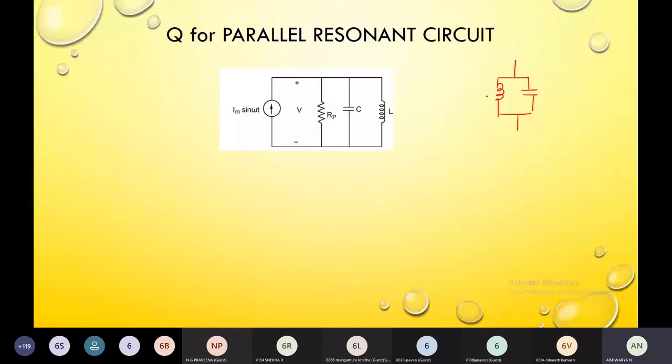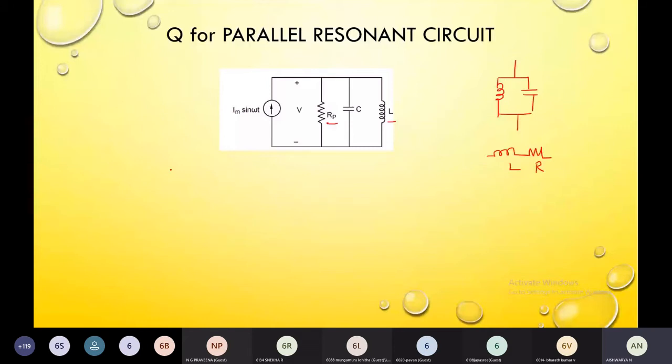I already told you, you will have a leakage resistance R whenever you have your L. If this L and R are in parallel, it is called a parallel resonance circuit. If your L and R are in series, then it is a series resonance circuit. We shall see how the quality factor influences your parallel resonance circuit.